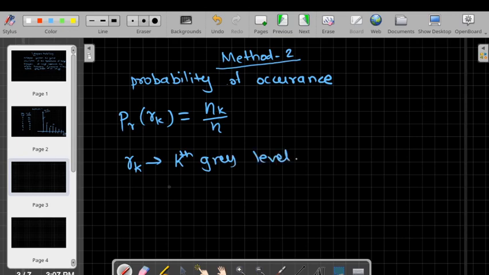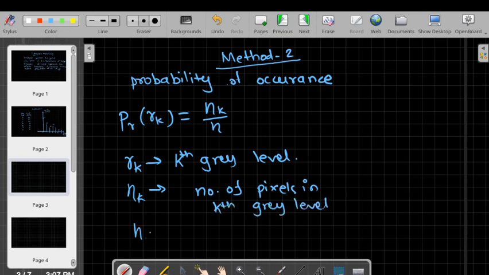In an image a number of gray levels are there, out of that the kth gray level is represented by r_k. Then n_k is nothing but the number of pixels in the kth gray level, and n is nothing but the total number of pixels in an image.